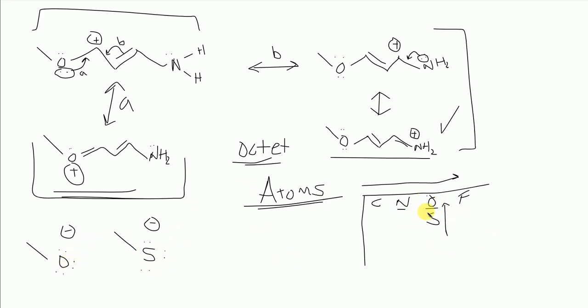When they're in the same row, I compare electronegativities, because it's very significant at that point and the size is very similar. But once the size changes a lot as I go down the column, the atomic weight of each atom is increasing. So although sulfur has a lower electronegativity than oxygen, it is far more stable with this negative charge than the oxygen is. I'm just looking at negative charges. Positive charge is a different case. This is applicable to negative charges.